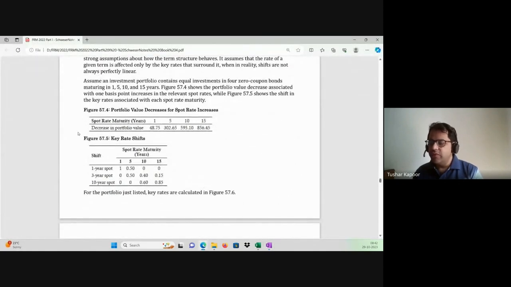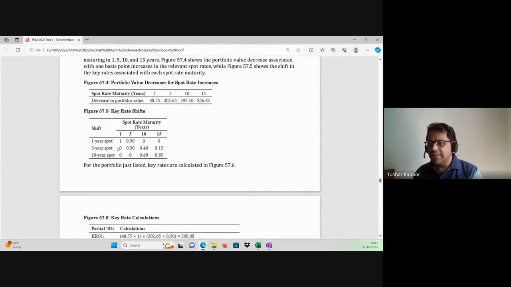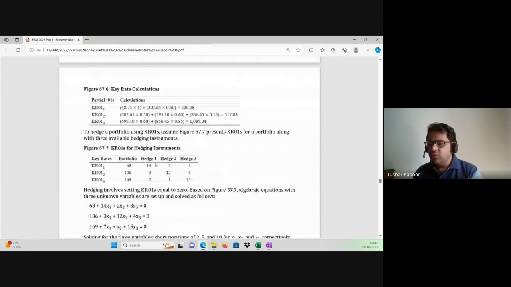First of all, you will find out if there is a 1% change or 1 basis point change, what is going to be the impact on the portfolio, which is given as 48.75, 302.65, 595.10, 856.45, and then you can see that the key rate shifts are at 1 year, 3 year, and 10 year. And then you do the calculation.